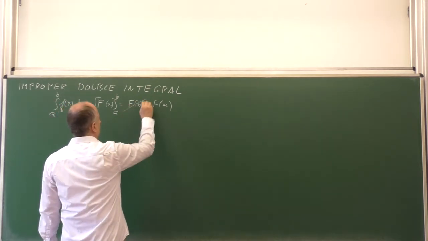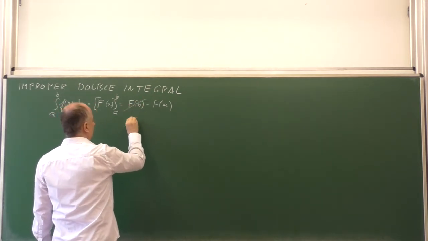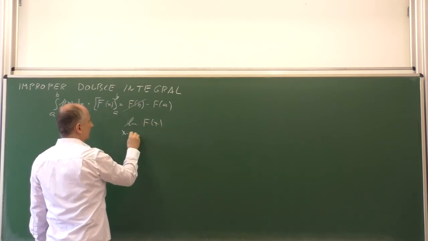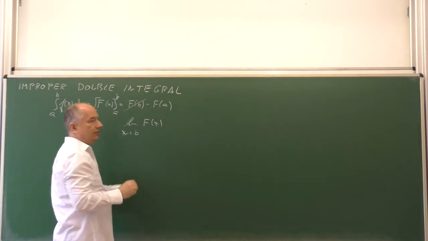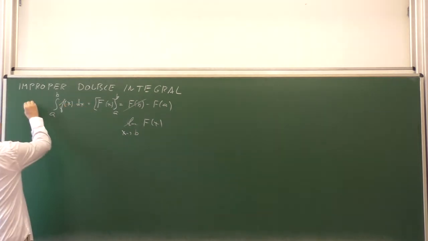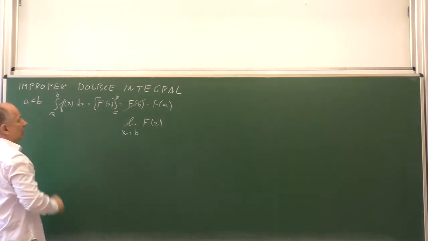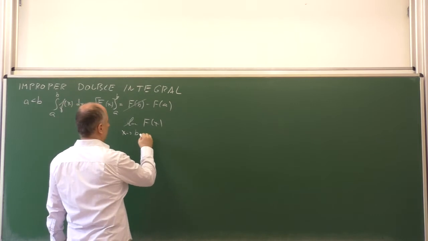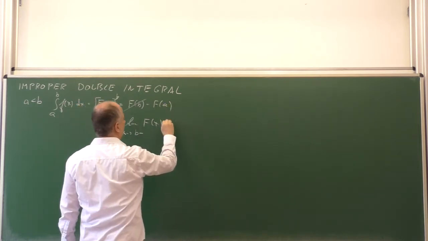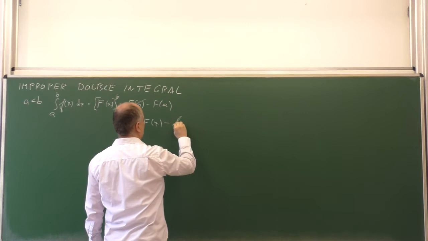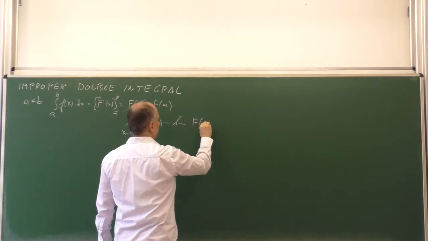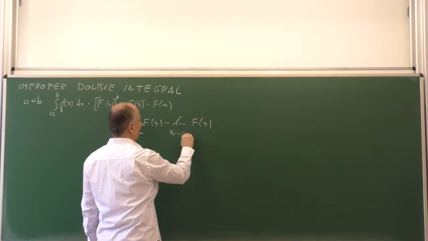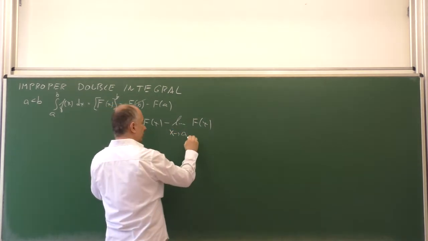Then instead of F(b), we consider the limit of F(x) for x going to b from inside, which when a is less than b means from the left, and instead of F(a), we consider the limit of the antiderivative capital F for x going to a from inside, which means from the right.